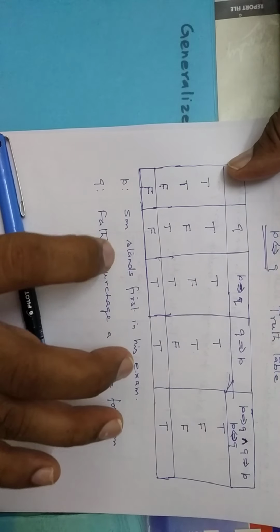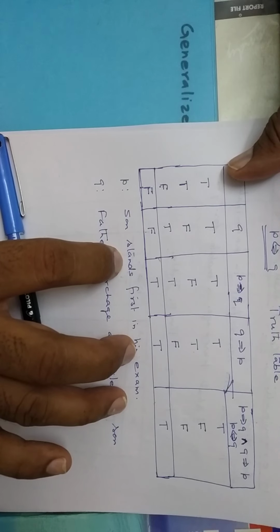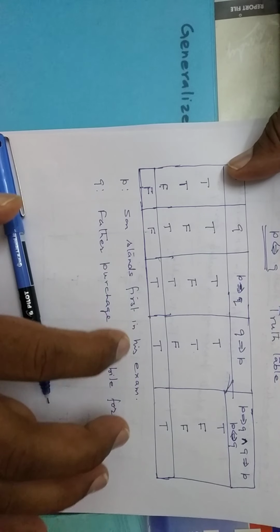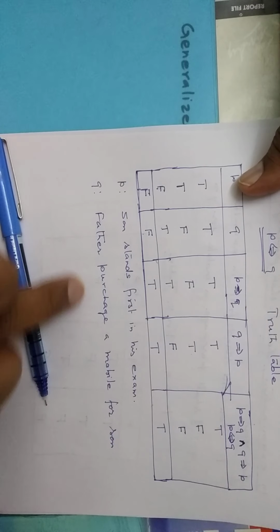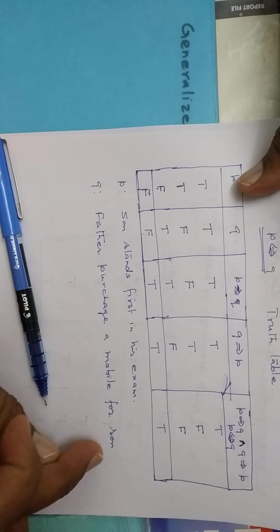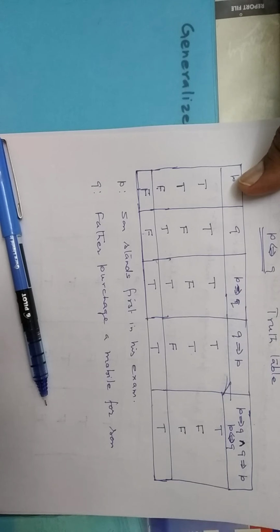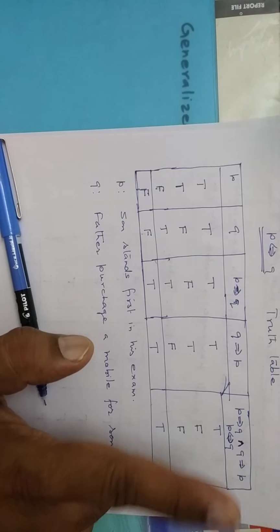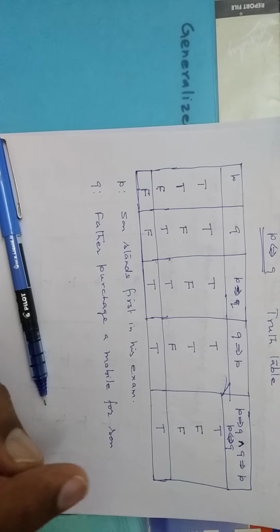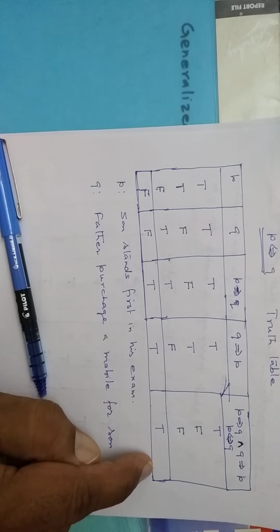It means son does not stand first in his examination. Q is false, it means father also does not purchase a mobile for son. The value of the biconditional statement P if and only if Q is true.